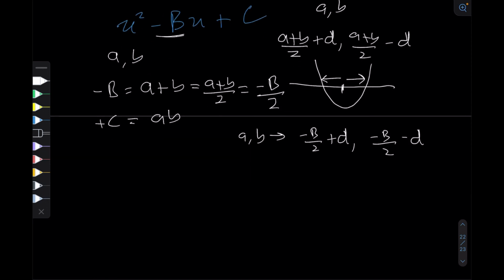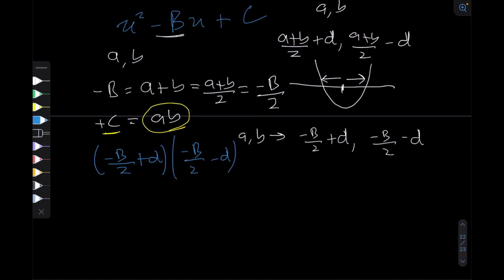We know what the product of the two roots is. We know that it is plus c. And we have also figured out how we can represent the two roots in terms of b. So what we can do is say that minus b over 2 plus d multiplied with minus b over 2 minus d, in other words multiplying both of the roots, will give us c.